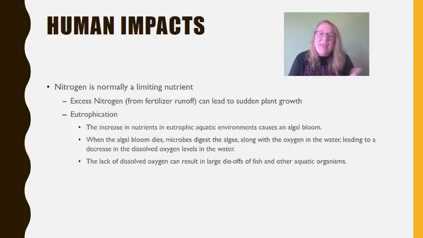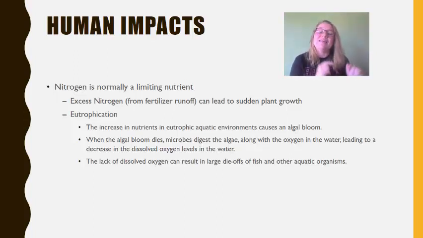The only way to really have excess nitrogen being suddenly added to an ecosystem would be from synthetic or organic fertilizers. So having too much fertilizer in an area, or if it runs off from the intended area to a different location, that can lead to what's called eutrophication.